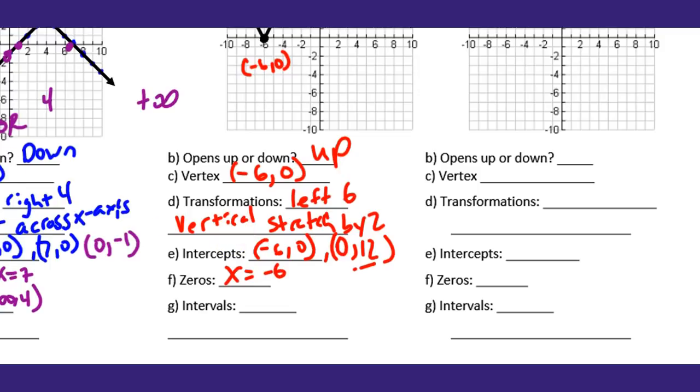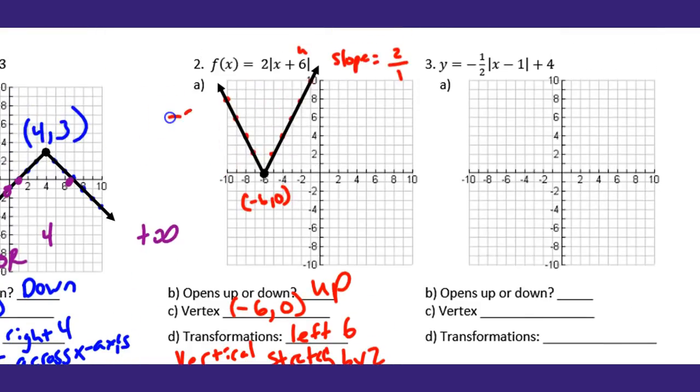And then my intervals of increase and decrease. Well, we have negative infinity out here, my x value, -6, and positive infinity. From left to right, this would be a decrease. So negative infinity to -6 would be my decrease.